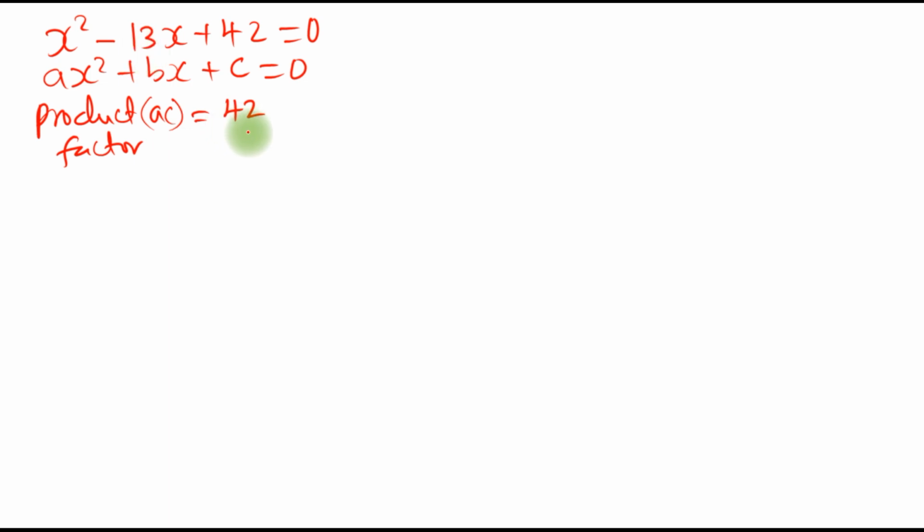So the factors that we can get are 6 and 7. Remember, 6 and 7, if we add them, we get positive 13. But remember, a negative and a negative being multiplied give a positive.